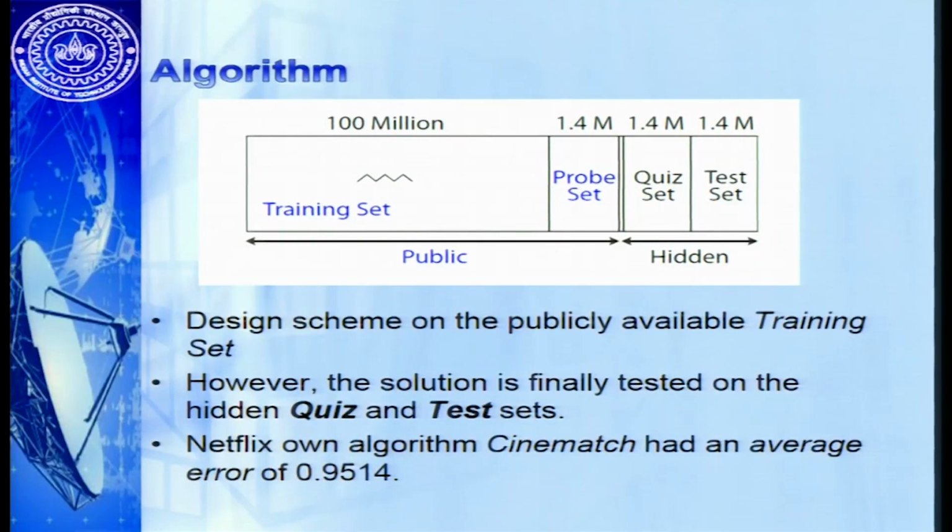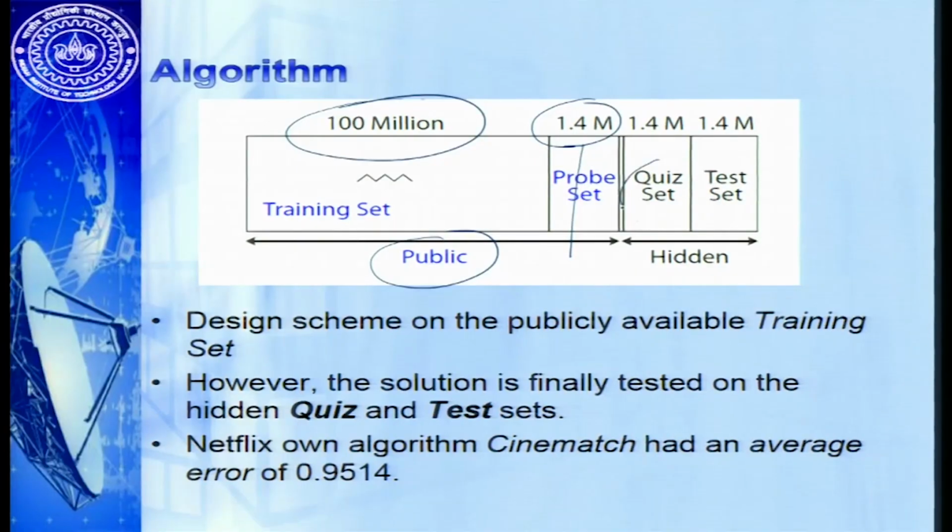The way the contest was organized was very simple. You have 100 million ratings in the training set that were made available to the public, and there is a probe set. With the probe set the users can test the performance of the algorithm being proposed, because one has to eventually test it. There is also a final quiz set and test set, and these are hidden.